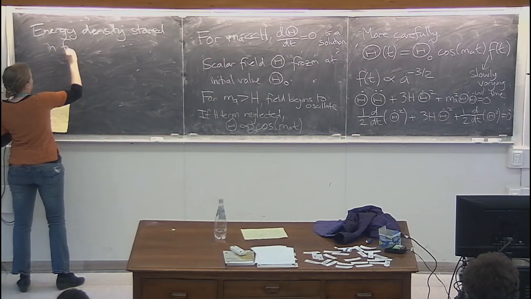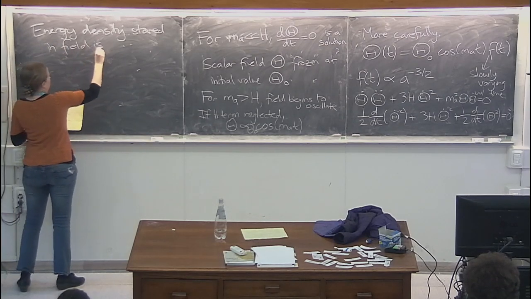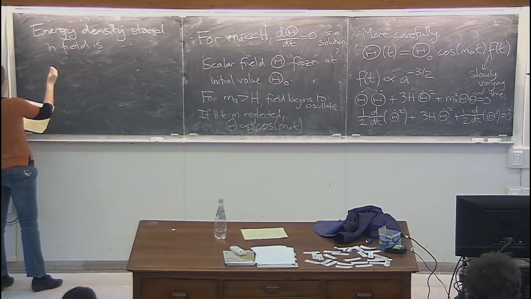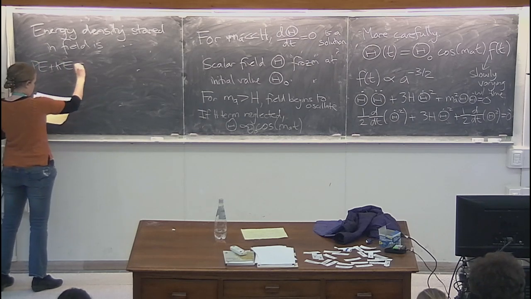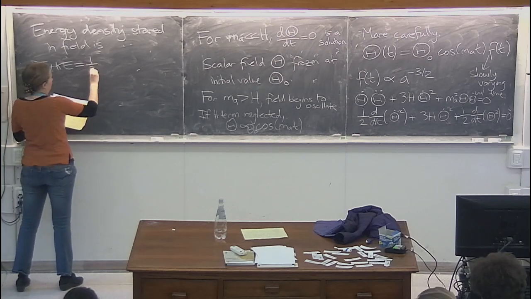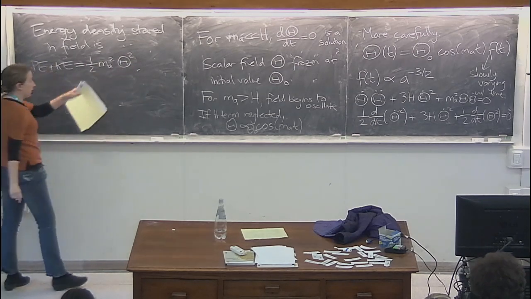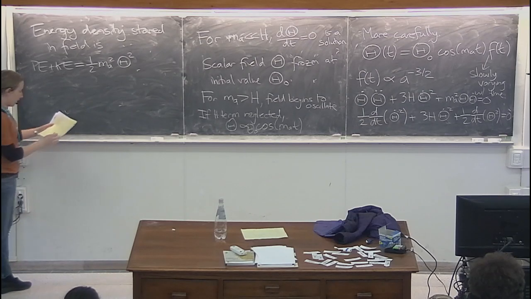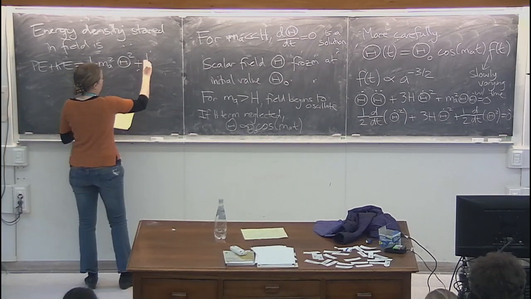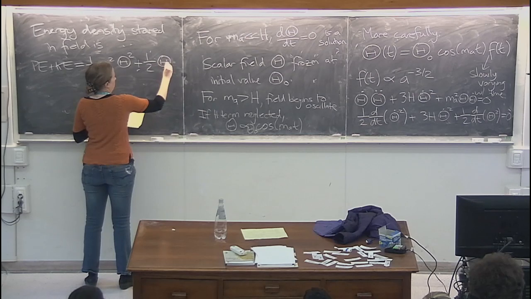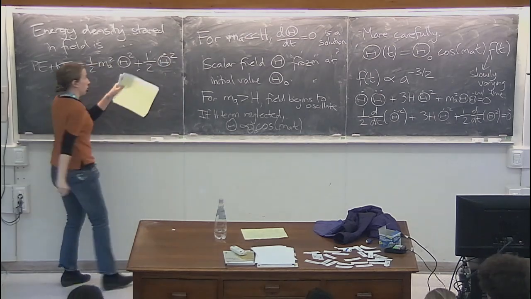The potential energy term is just given by V. So this is the value for V of phi, and then there's an effective kinetic energy term which looks like this. Now, with this ansatz, we can expand this out.